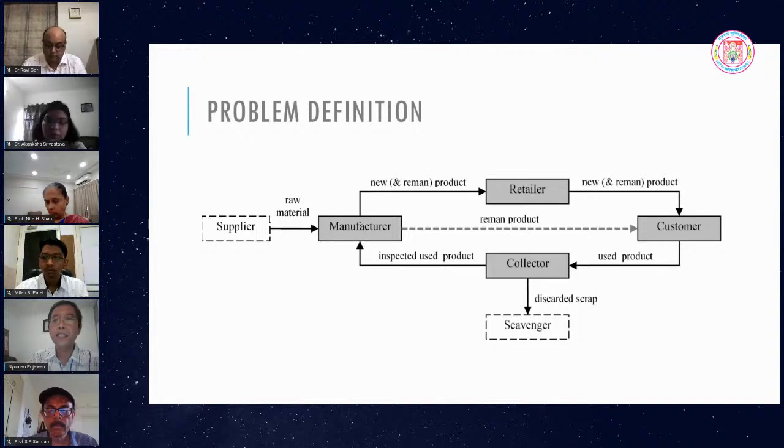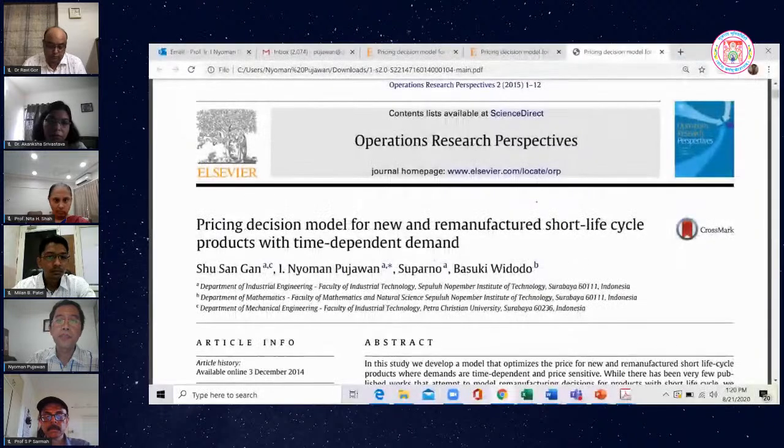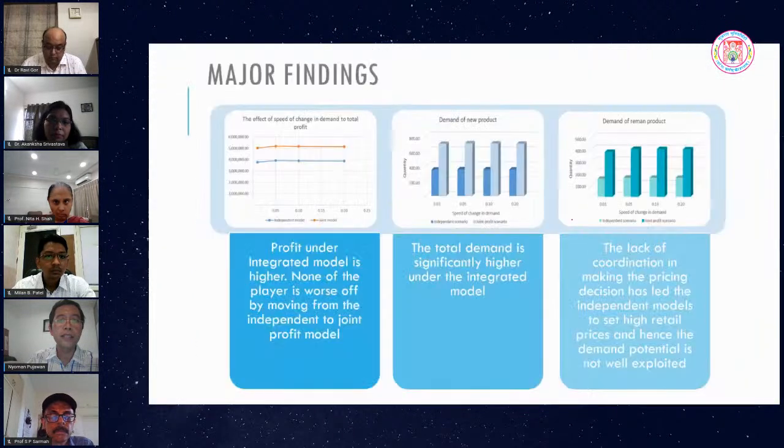What would be the optimum price for the manufacturing company to give to the retailer, both for new and remanufactured products? What would be the price that the retailer has to set for new as well as remanufactured products, as well as the price in other relationships here? We already published a couple of papers related to that. One is from an operations research perspective, where the model was applied to short life cycle products like mobile phones, etc. I don't have time to explain it, and that is mainly the work of my doctoral student. If you are interested, the paper is available in ScienceDirect.